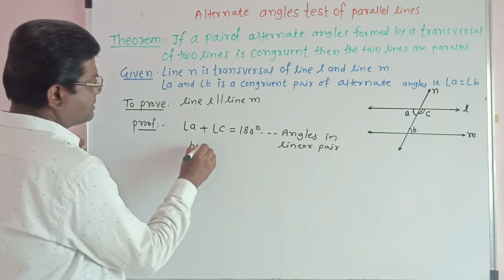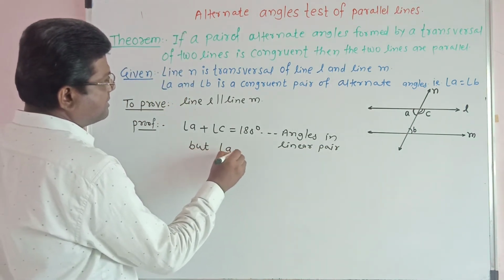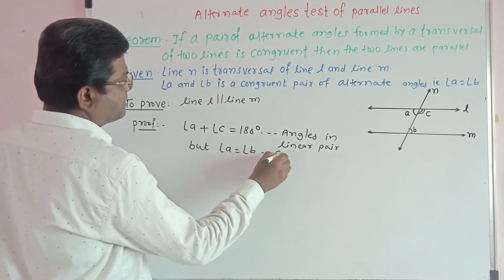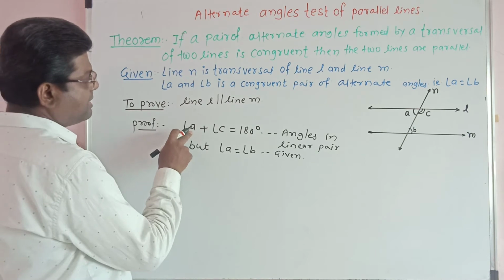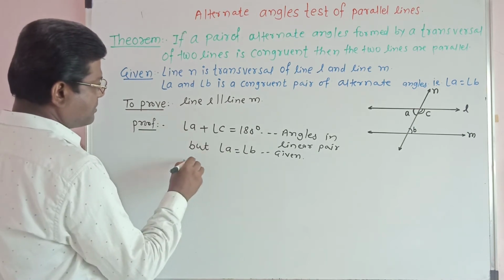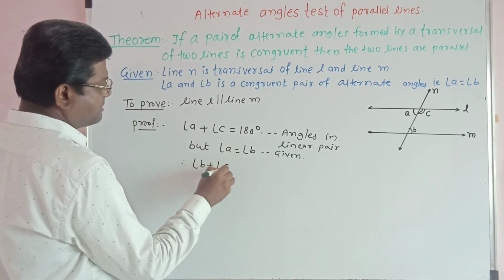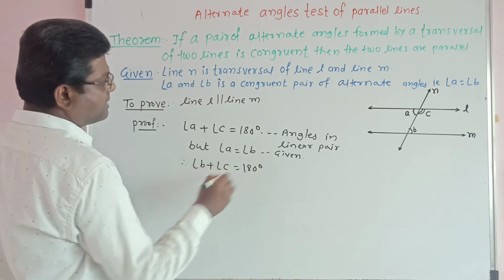But it is given that angle A is equal to angle B. Therefore we can put angle B in place of angle A here. Therefore angle B plus angle C is equal to 180 degrees.